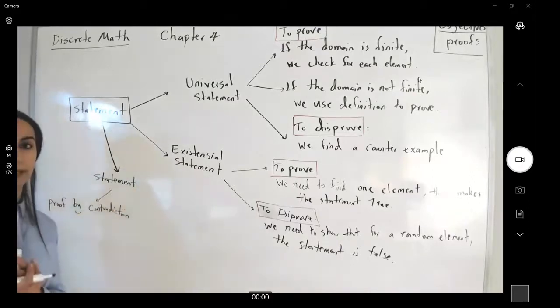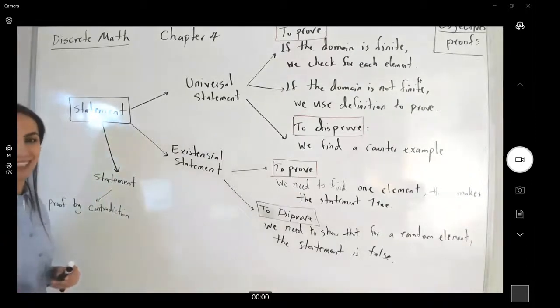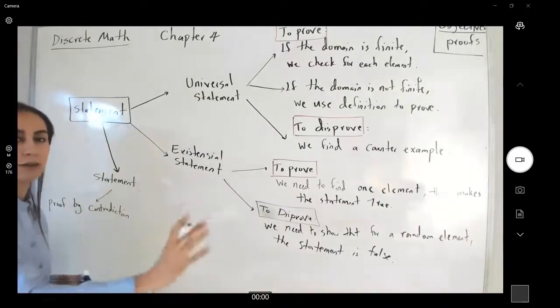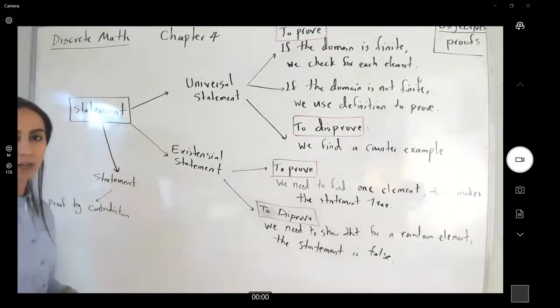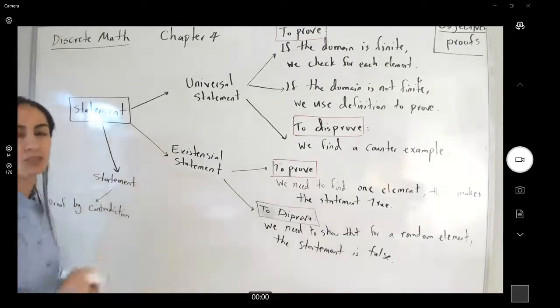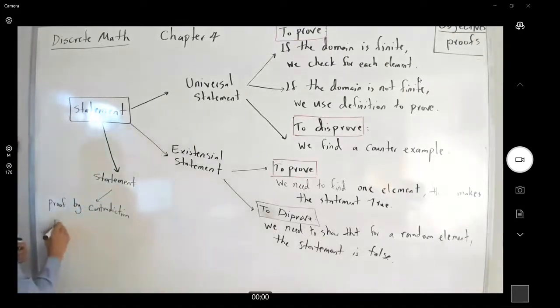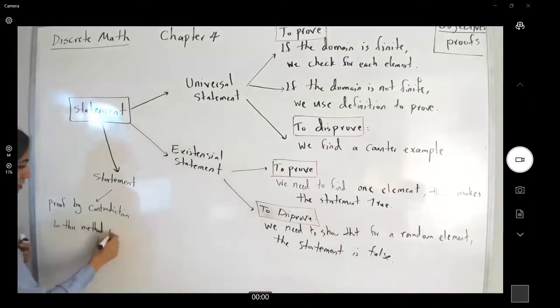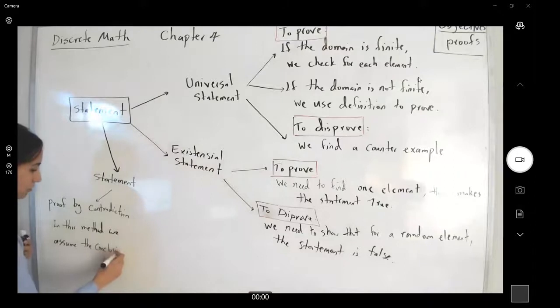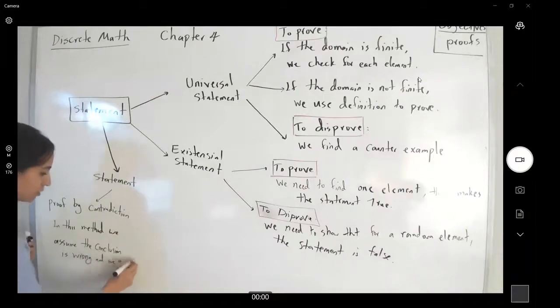In this method, we assume the conclusion is wrong and we get to a contradiction.